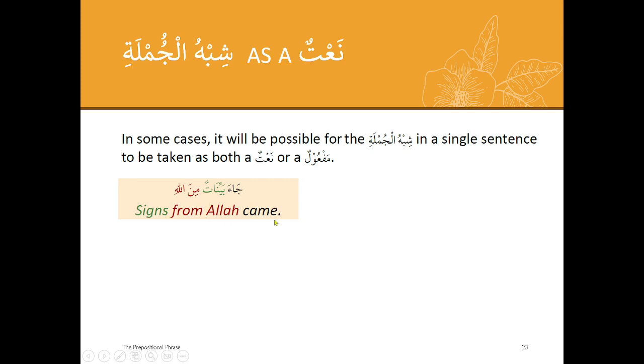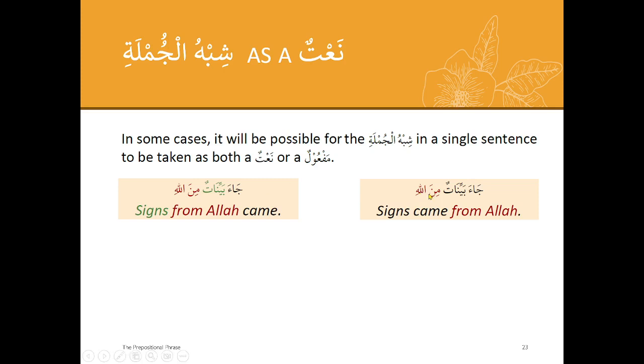Signs from Allah came. So from Allah here looks like a sifah, because you're describing the signs: signs from Allah. Then here it says Ja'a bayinatun min Allah, and then we say signs came from Allah.